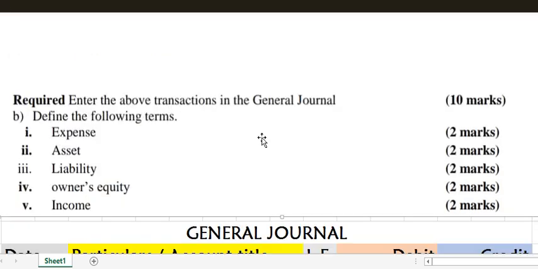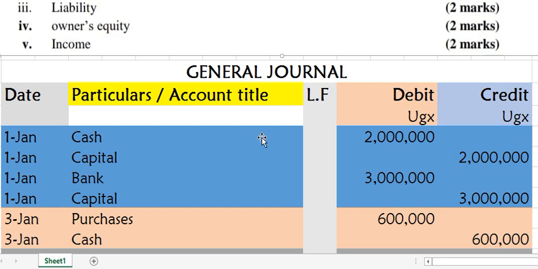After recording these transactions in the journal, they are posted to their respective accounts in the general ledger.